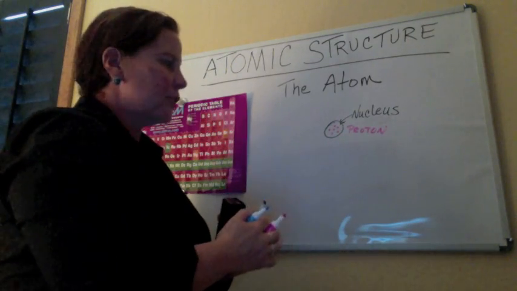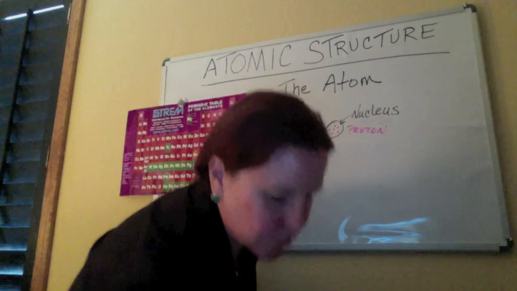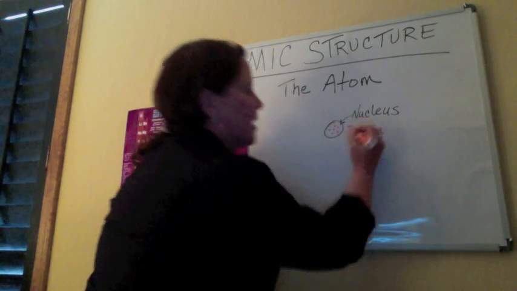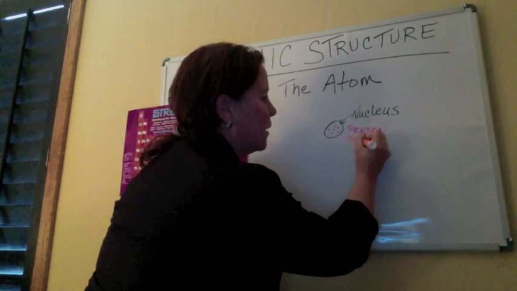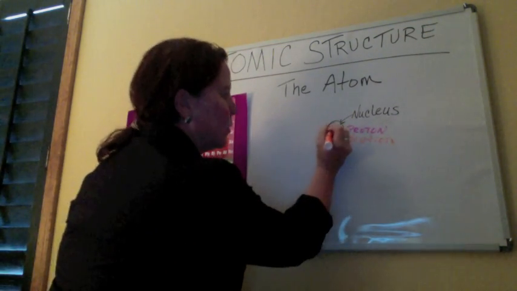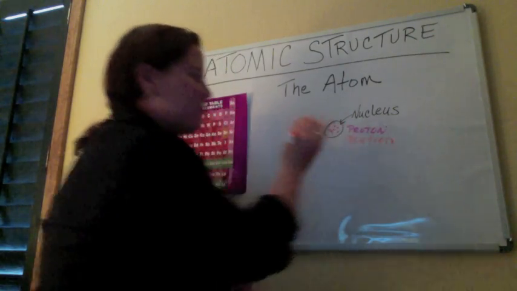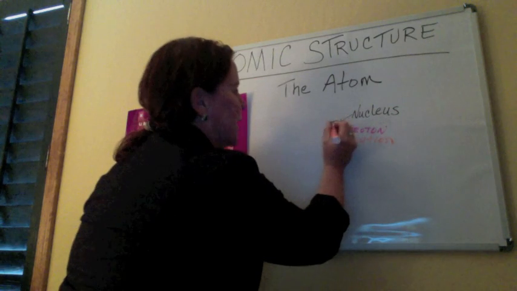Okay? Now interspersed with the proton, I'm going to use orange for this one, is the neutron, N-E-U-T-R-O-N. And the neutrons, you're going to intersperse, so all the pink doesn't go together. They kind of move around, and we'll talk a little bit more about that later.